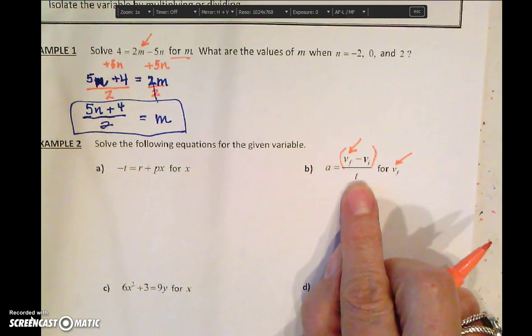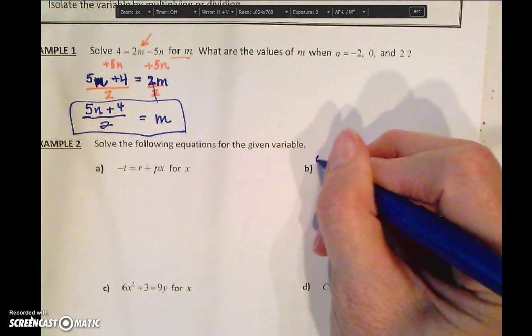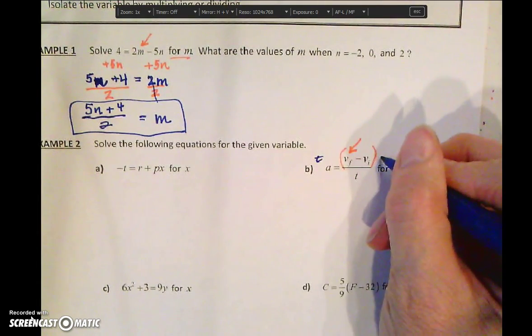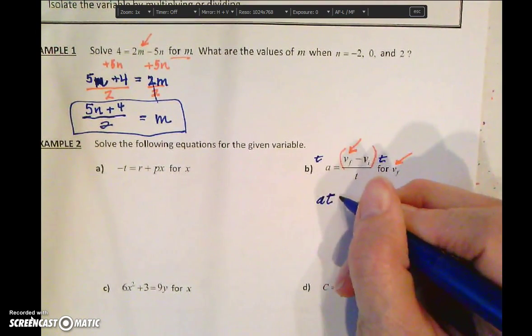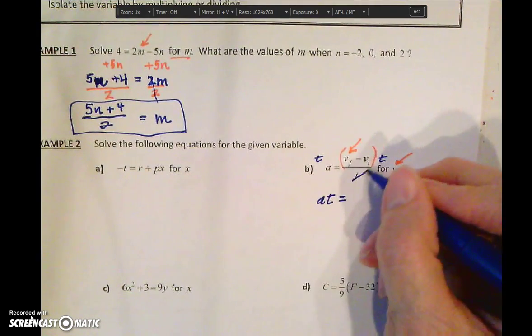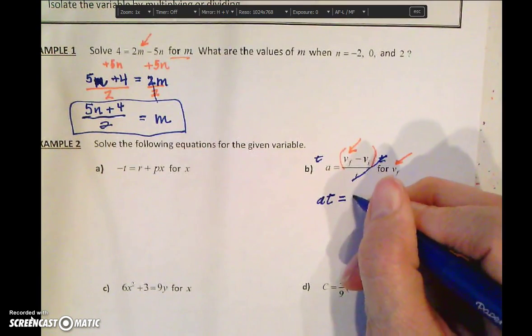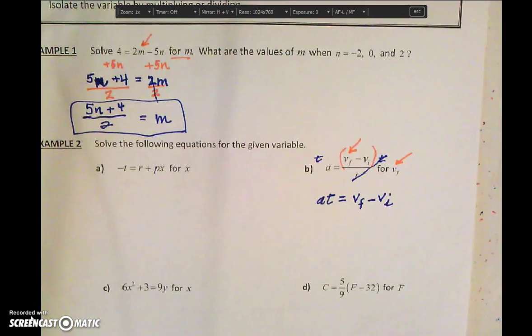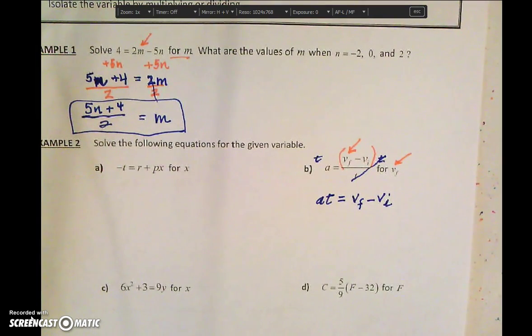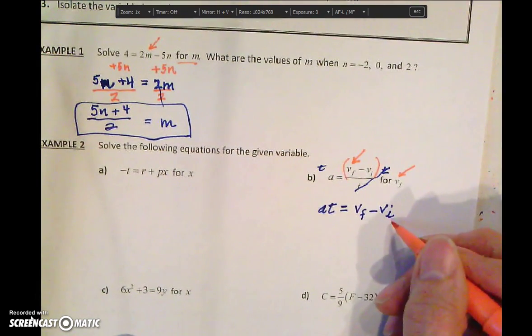To undo this divide by t, I am going to multiply by t on both sides of the equation. So that's going to give me at is equal to, here these are going to cancel, leaving me with a 1 in the denominator, so V sub f minus V sub i. That was the first thing; I have to do it in that order. The next thing I'm going to want to do is to get rid of the V sub i.